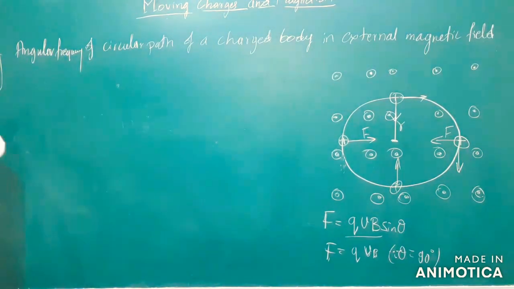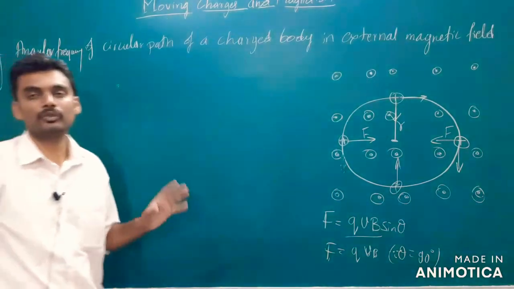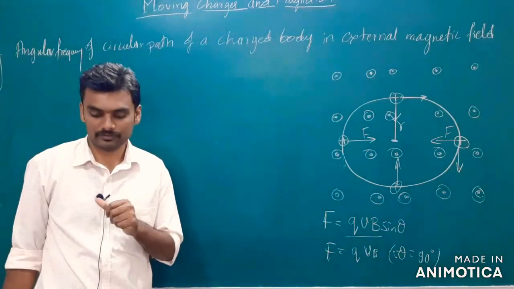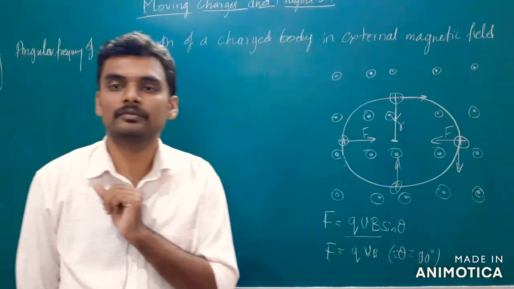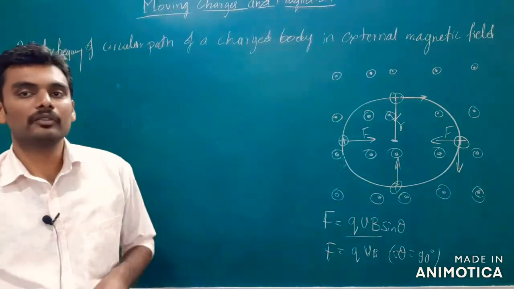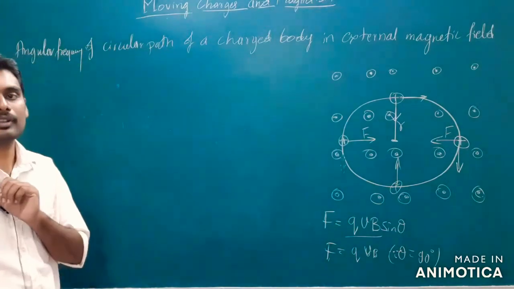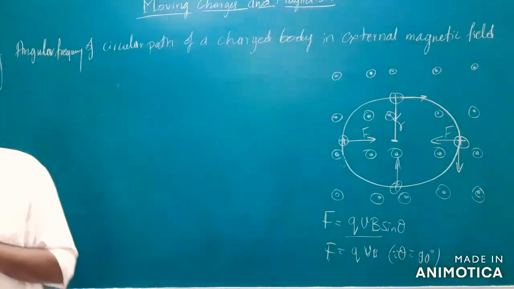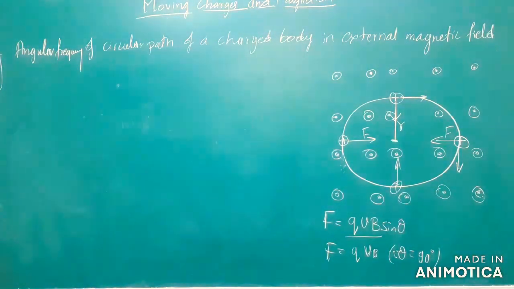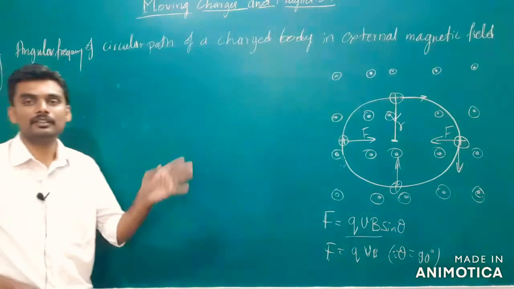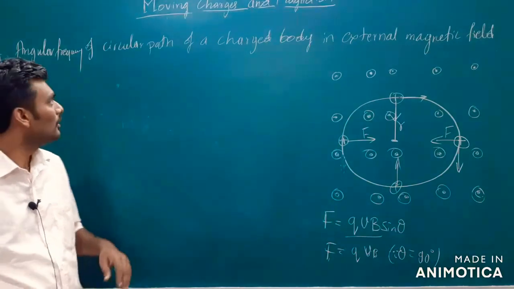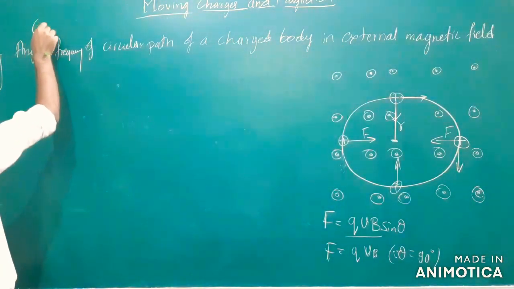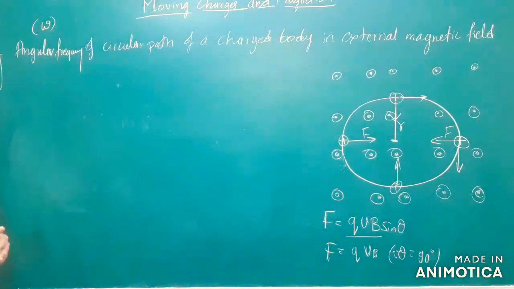Do you remember the symbol that we made use of for angular frequency last year? It is omega, right? Remember that omega is the symbol that we made use of for angular frequency.